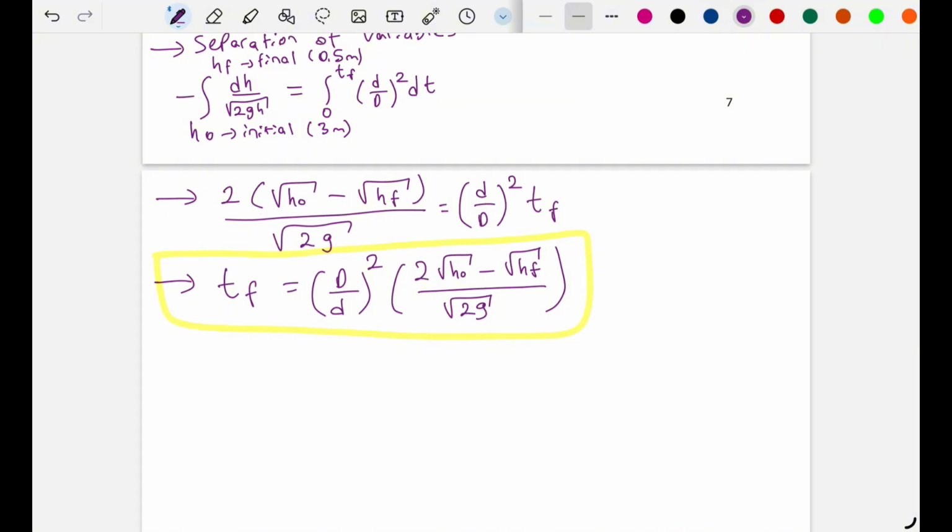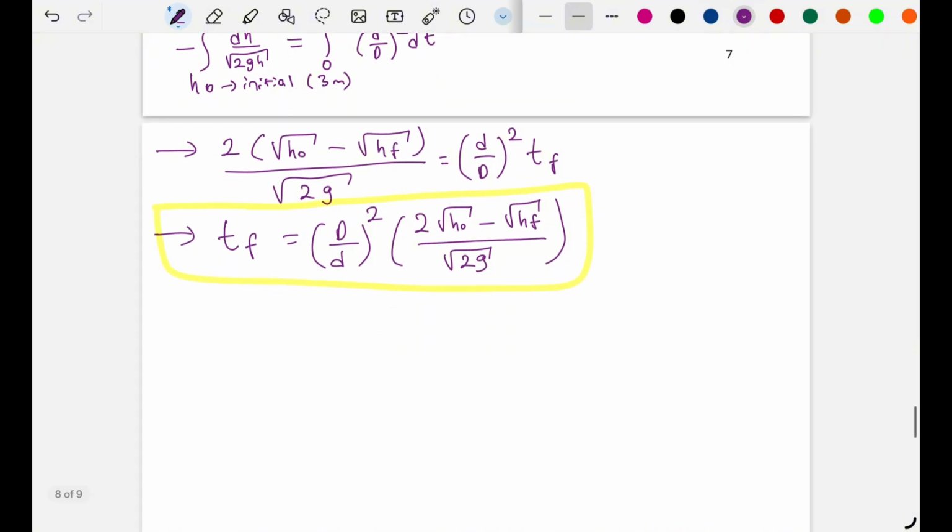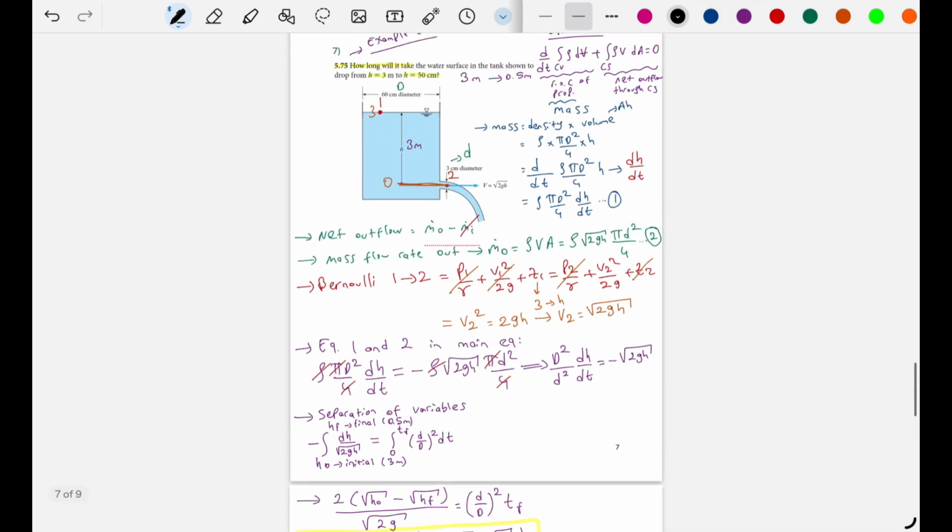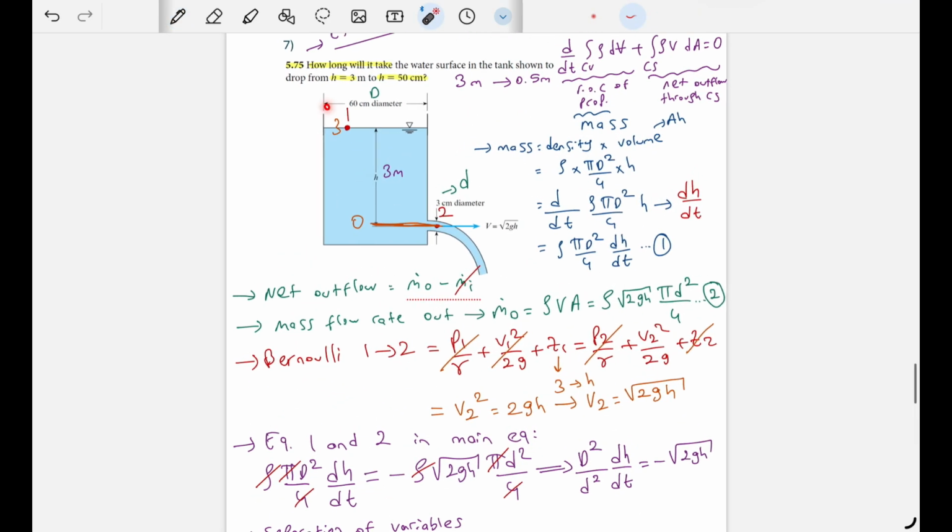So let's see what we have. The time will be equal to, the d is 0.6 and the other d is 0.3. So this is what I'm talking about.